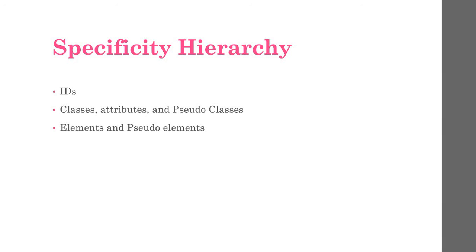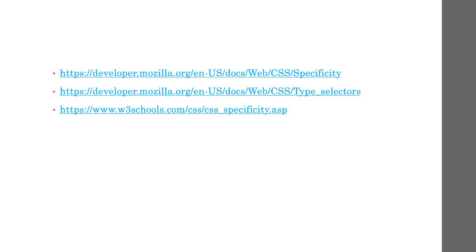So if we put the name of the ID, it will be applied more than those with just the class names or the attributes or the pseudo classes. And the classes, attributes, and pseudo classes have more weight or specificity than just elements and pseudo elements.